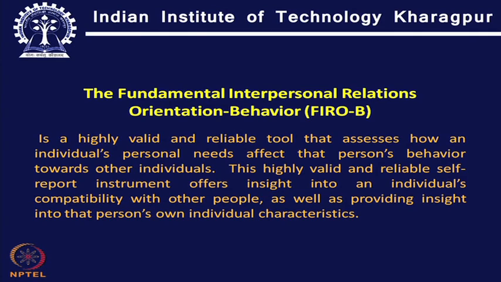Next we move on to interpersonal situations; in constructs we have discussed some of the interpersonal situations. The next important scale, a reliable tool available, is called Fundamental Interpersonal Relations Orientation Behavior, which is called FIRO-B.